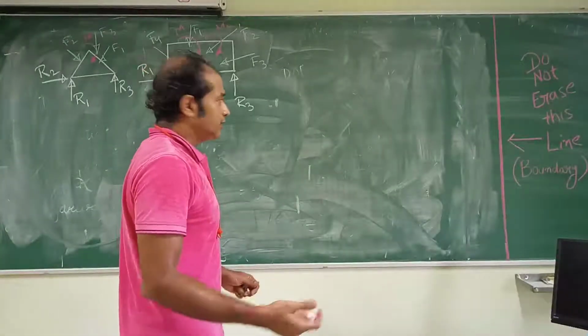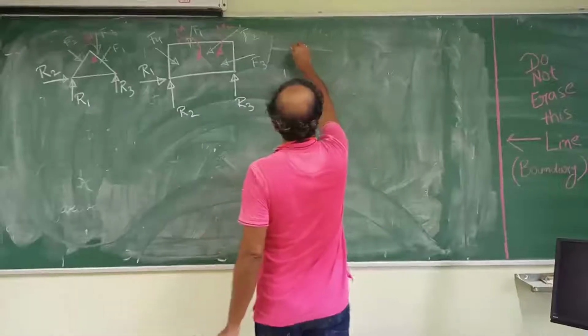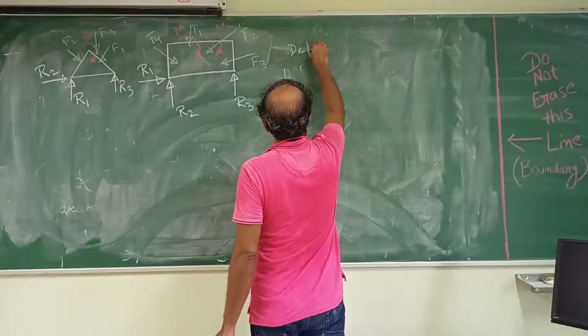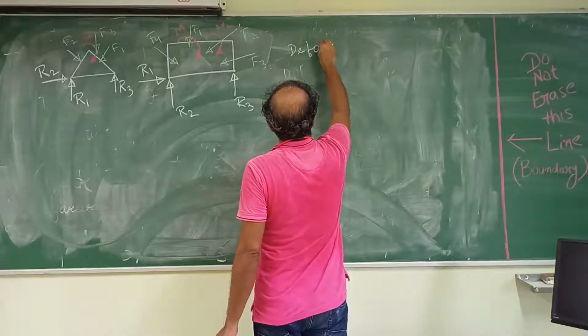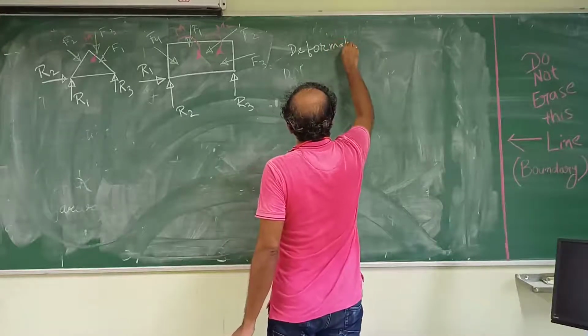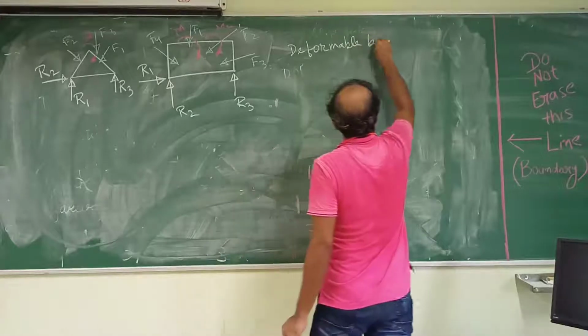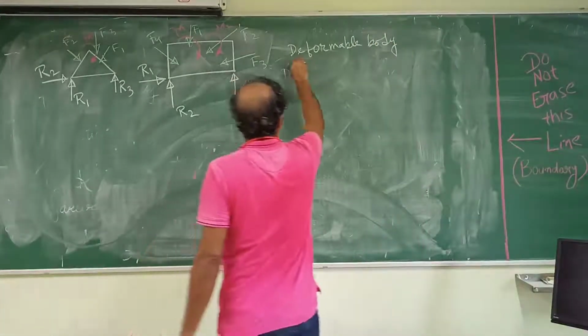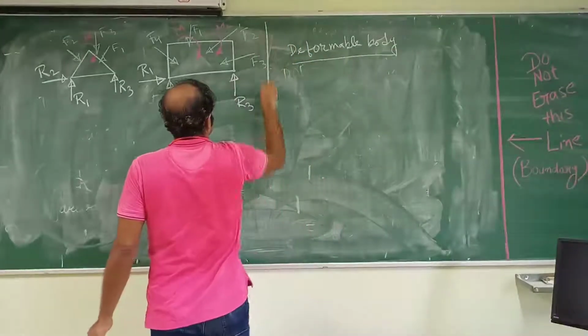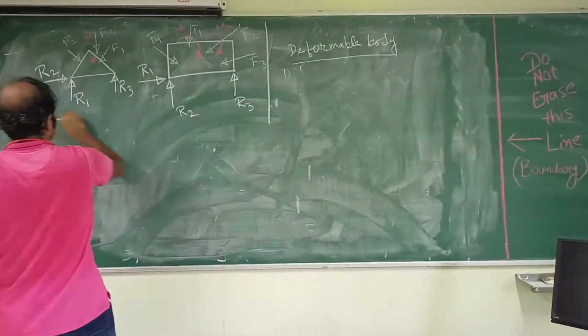Now we will be coming to the deformable body. So far the recapitulation is done. The part we discussed so far is the rigid body part.